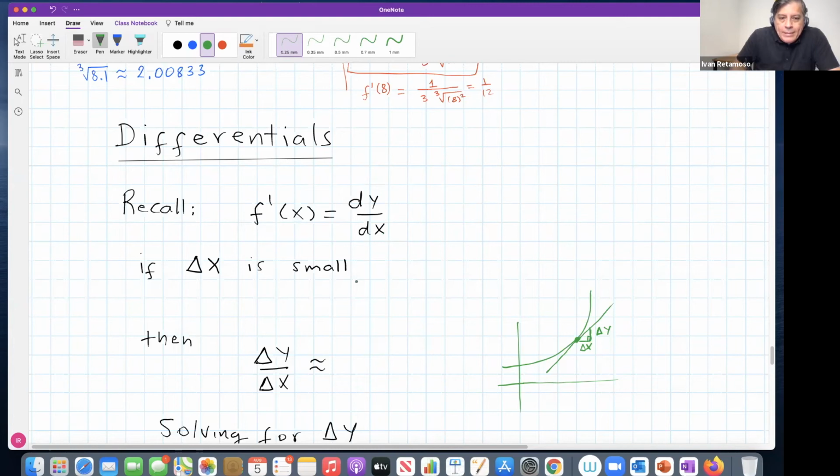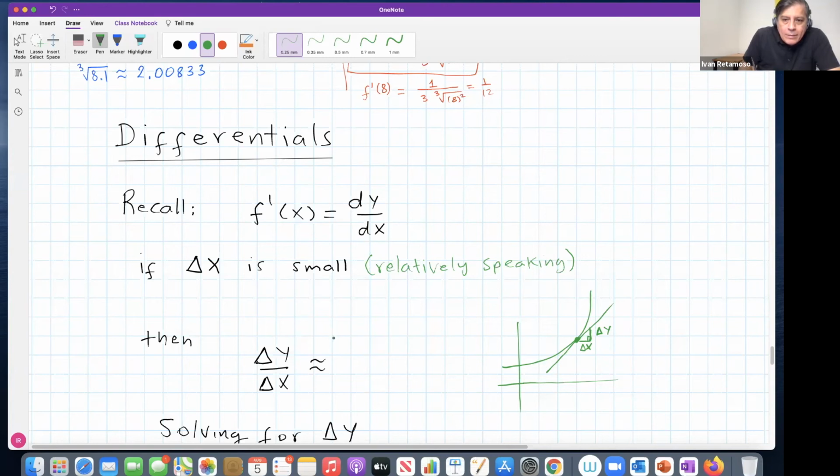But now imagine that the change in your input value is small. And again, small relatively speaking. Meaning 1% of change compared to your usual input values, 1% of change you allow yourself, either to the right or left.